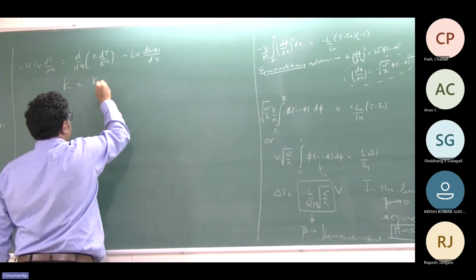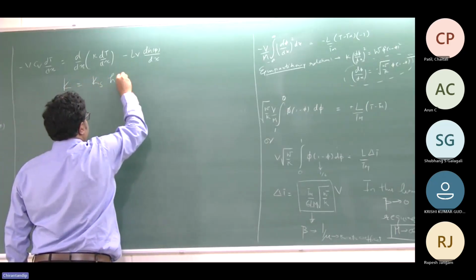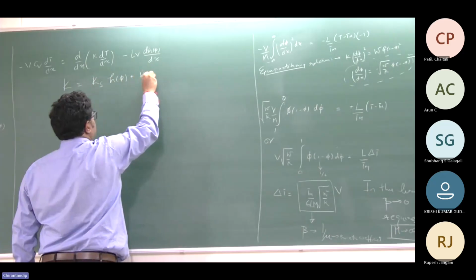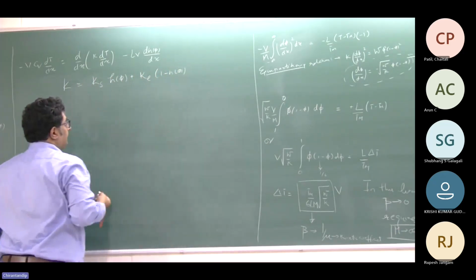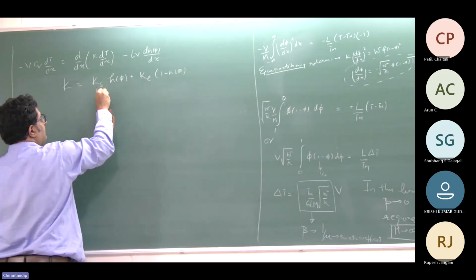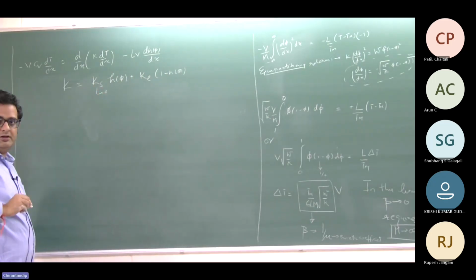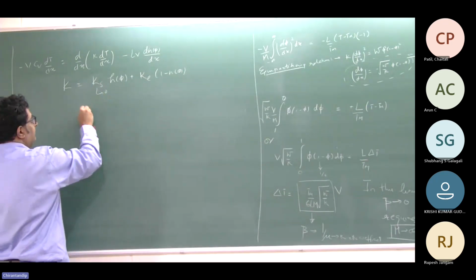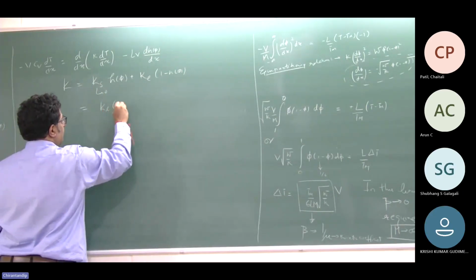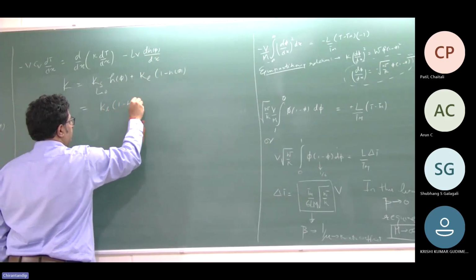A is a combination of A of P plus A with... but A is 0. Okay. We have a situation where A is 0.